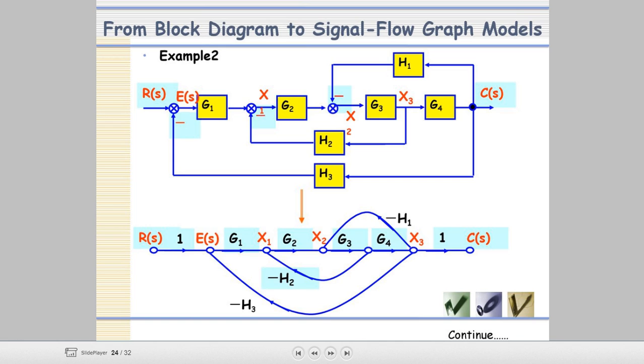G4, here is a mistake, x3 should be here and x4 should be here. Now how we are just going to calculate from, please keep this problem.